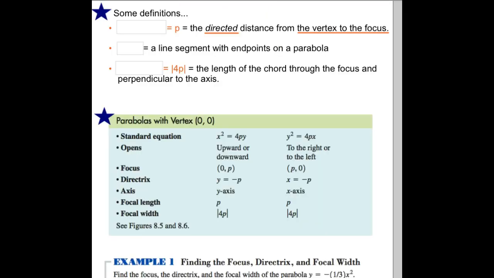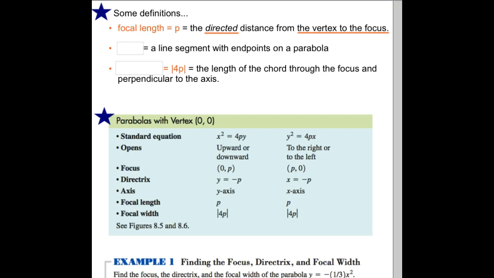All right. A couple terms that you need to know. The focal length is the value of p in our equation. Okay, that's called the focal length. It is the directed distance. You might want to underline: directed distance going from vertex to focus.